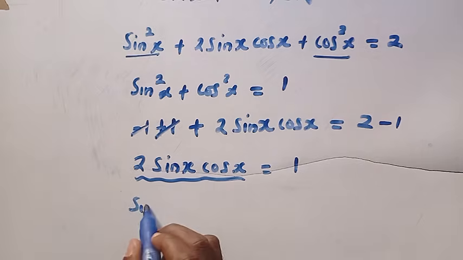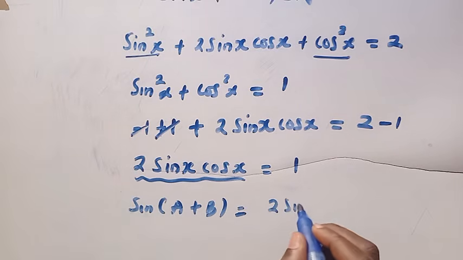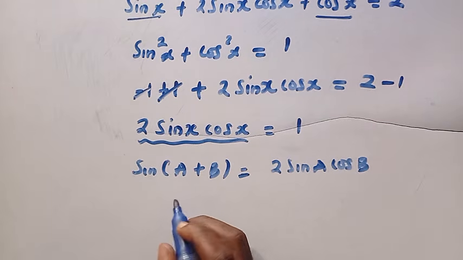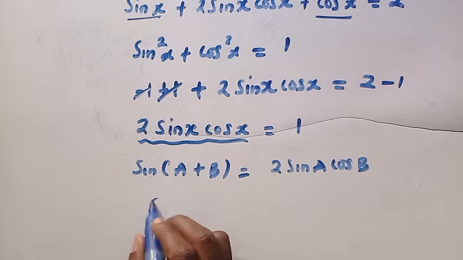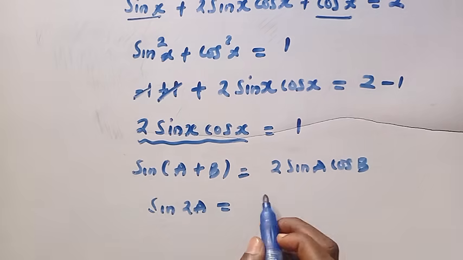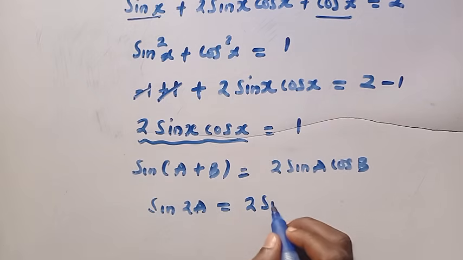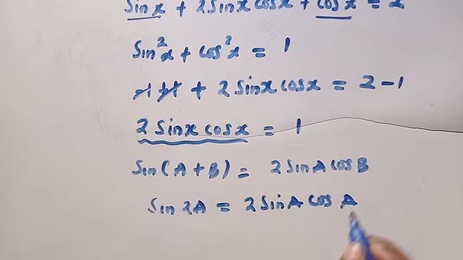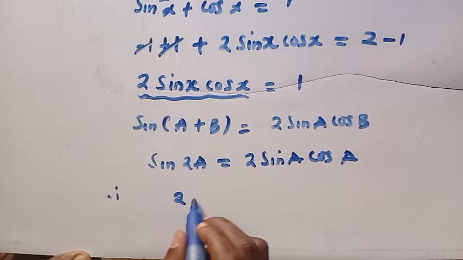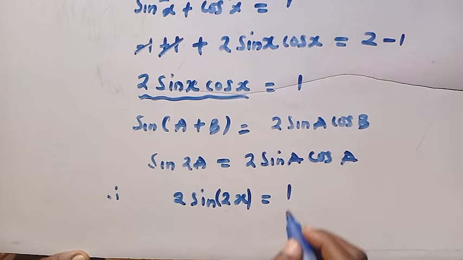If you have sine of A plus B, this equals sine A cos B plus cos A sine B. And since we have x and x, let's say we have A and A, we are going to have sine 2A equals 2 sine A cos A. So if I compare it with this, the result gives us sine 2x equals 1.